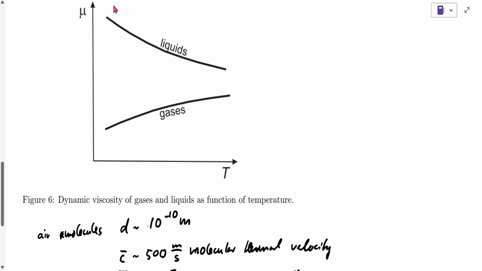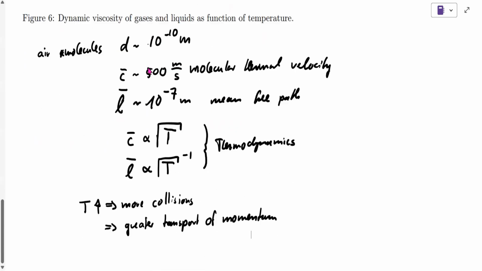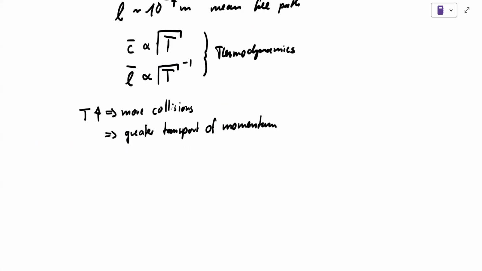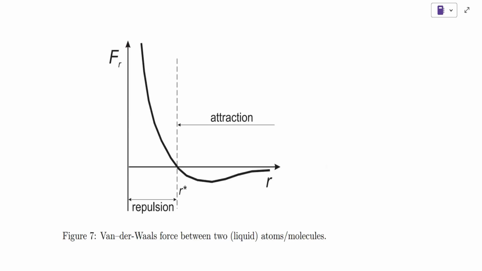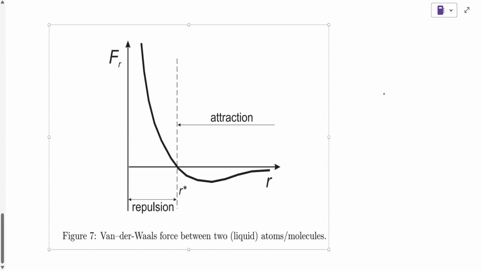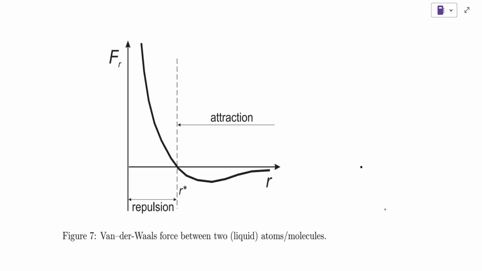But for liquids, we see we have the opposite correlation. And now let's have a look why this is the case. The reason is that for liquids, we see long-range molecular interaction. So we see here long-range van der Waals forces. And so we see here the force Fr depending on the radial distance from one molecule to another one.